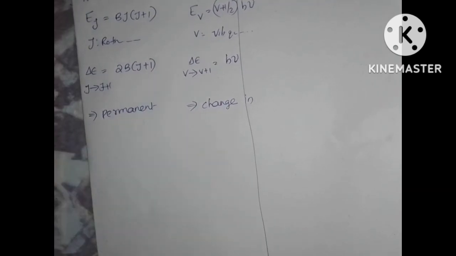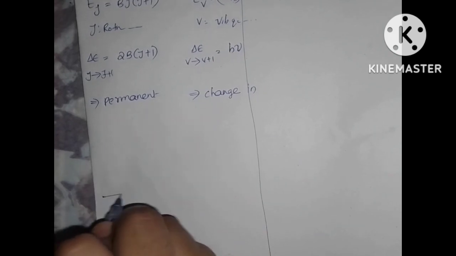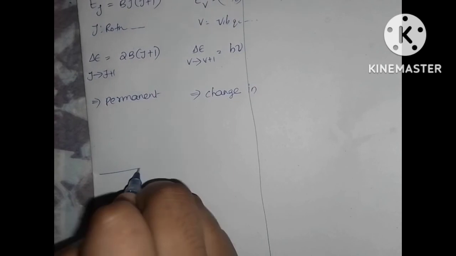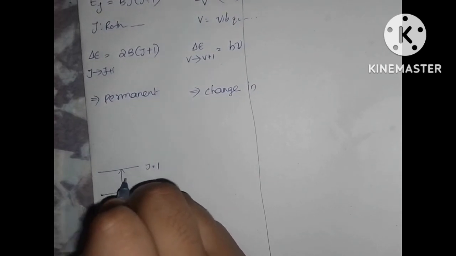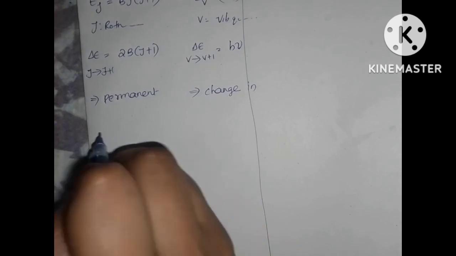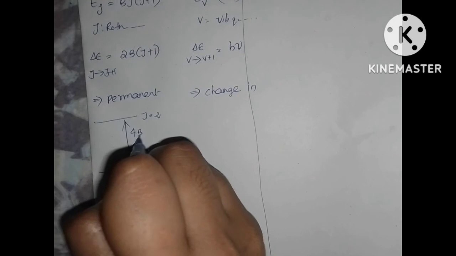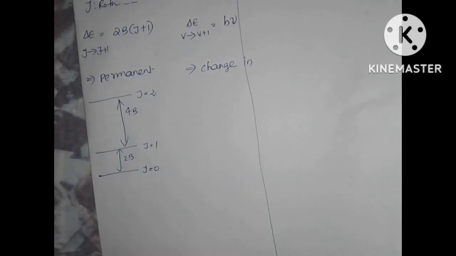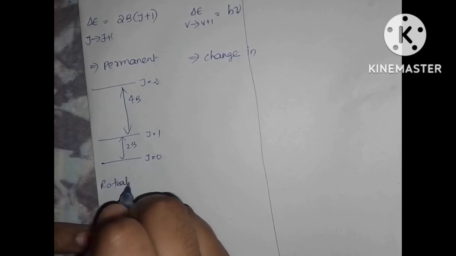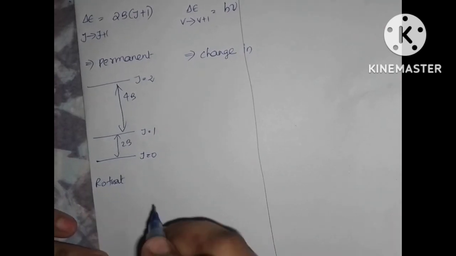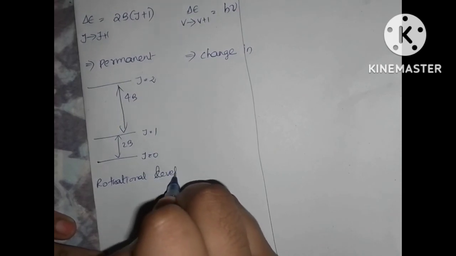And coming to the rotational quantum levels, we know that J equal to 0 and J equal to 1 were apart by a distance of 2B, and J equal to 2 was at a distance of 4B, and it went on like that. That means rotational quantum levels are not equispaced.